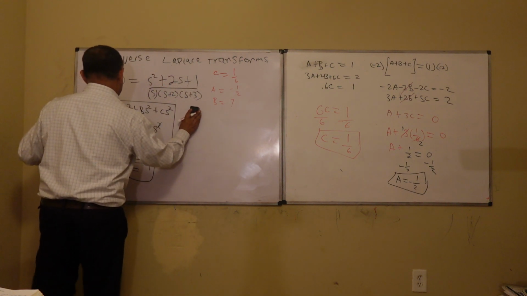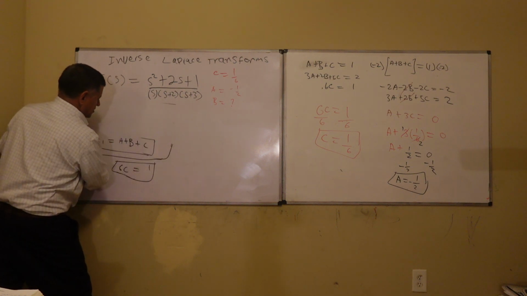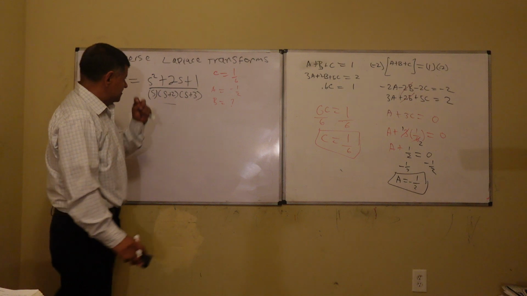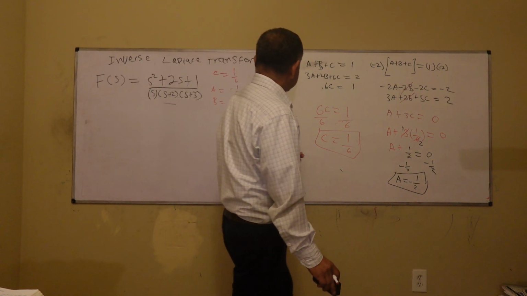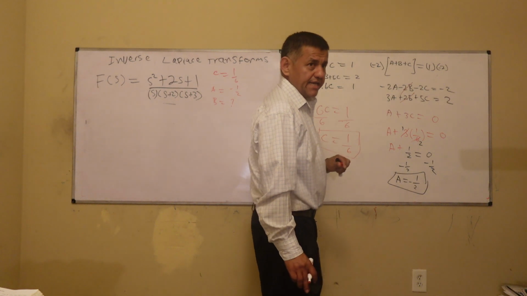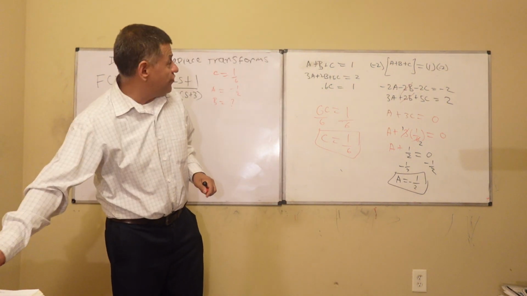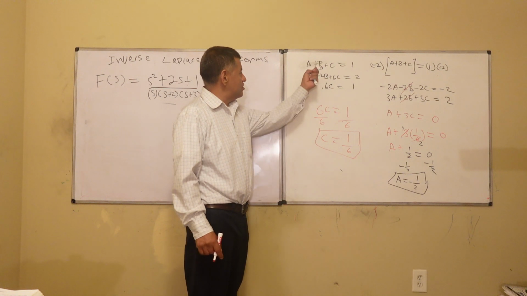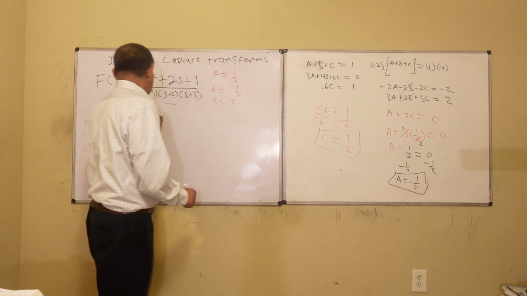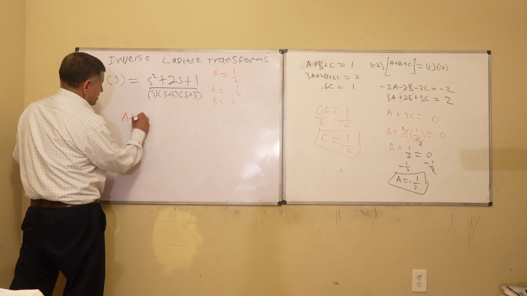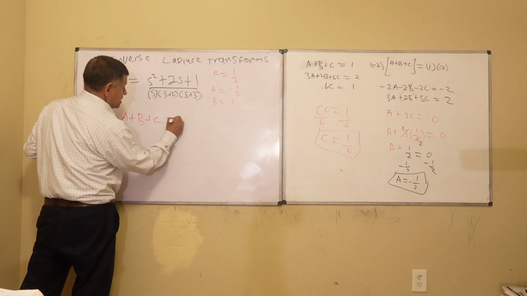Okay, so notice that right now I have these two equations. I can use any of these two equations to find B. Doesn't matter. But why should I use the more complicated one? Go with the easy one. So a plus b plus c equal to 1.